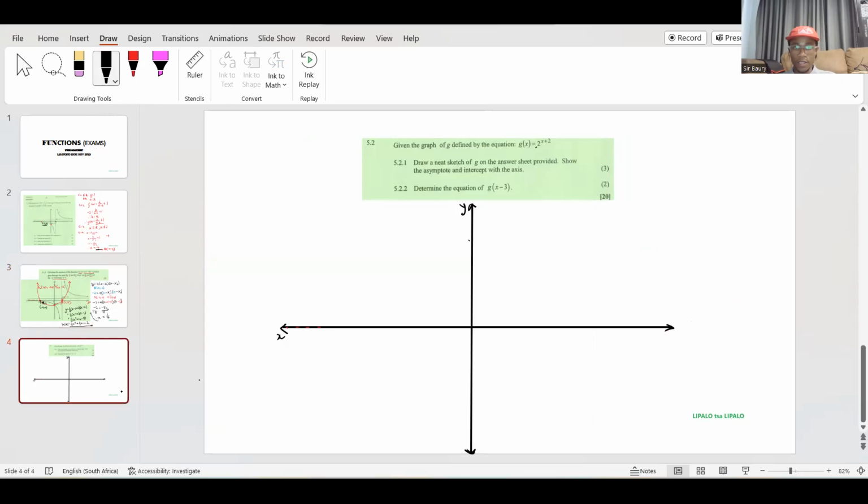Now, getting to the last question. You are given the exponential here. This one is easy. To sketch an exponential graph, you just need the shape, and then you need the asymptote, then you need the intercepts. Three elements to sketch.